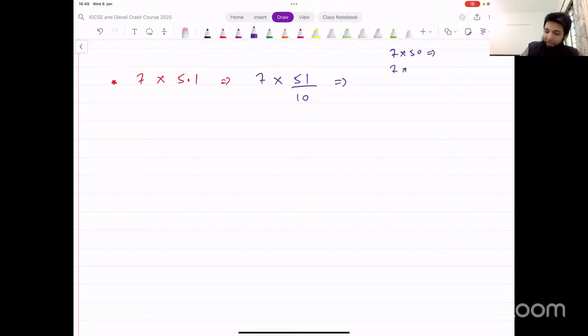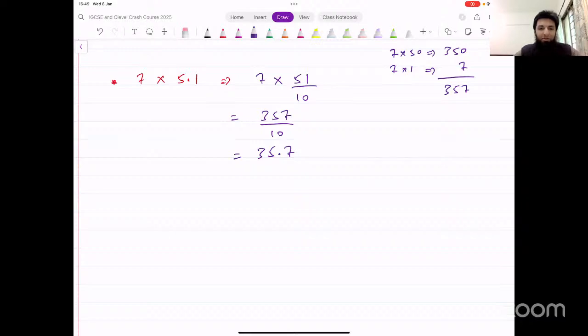And then 7 times 1, do that separately. What's 7 times 50? 7 into 5 is 35, so that's 350. 7 times 1 is a 7. 350 plus 7, that's 357. So this results in 357 divided by 10, and that's 35.7. That's the result that you get from this.